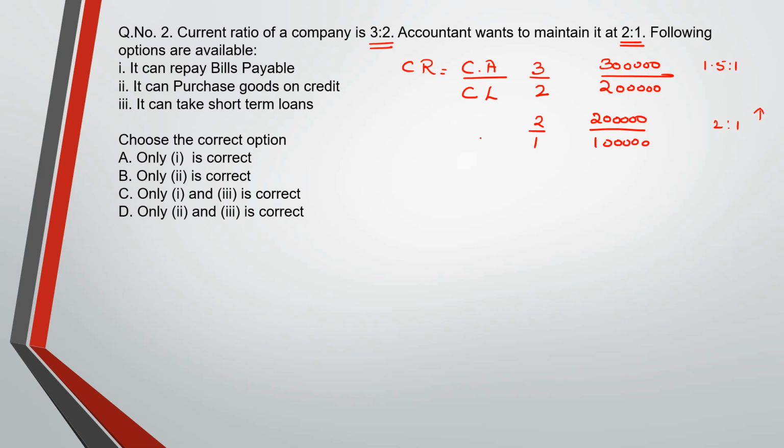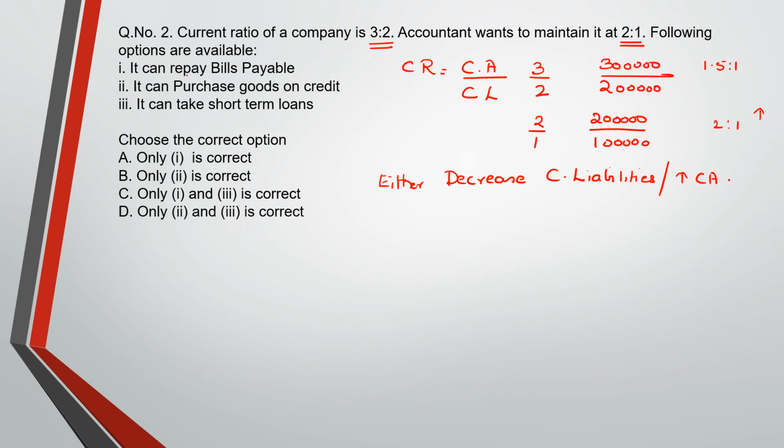How can you increase the current ratio from 1.5:1 to 2:1? It would be necessary that either you decrease the current liabilities, or you should increase the current assets. That would help you in improving the ratio. So let us look at here.